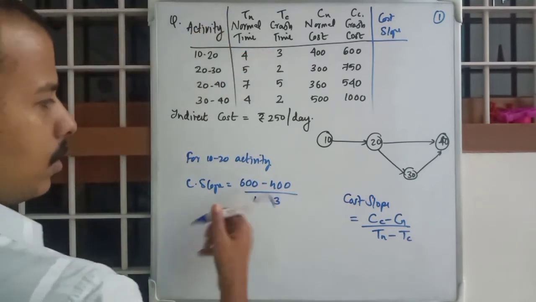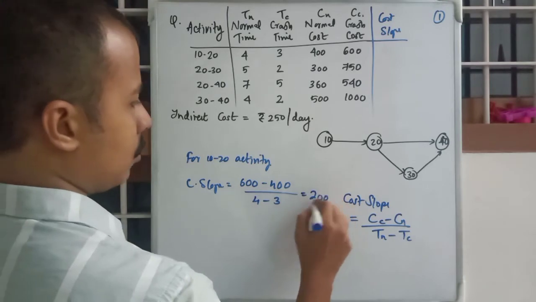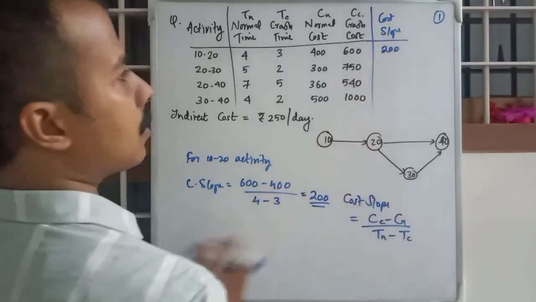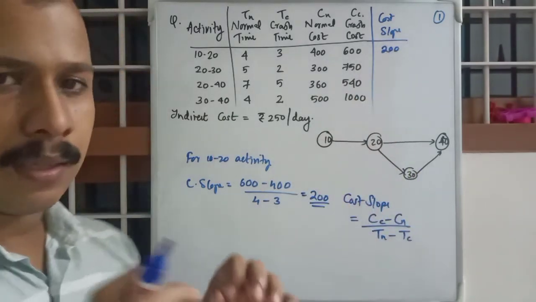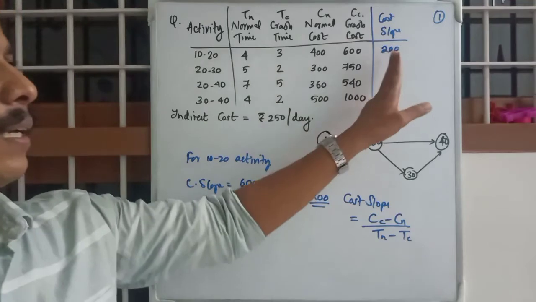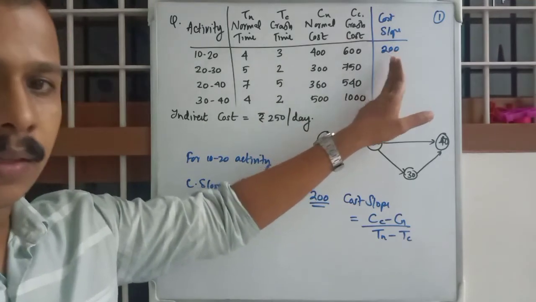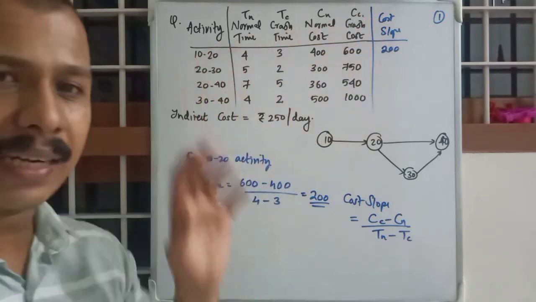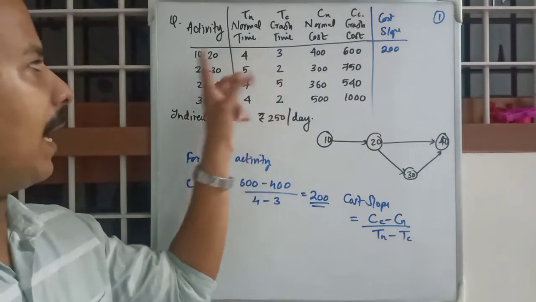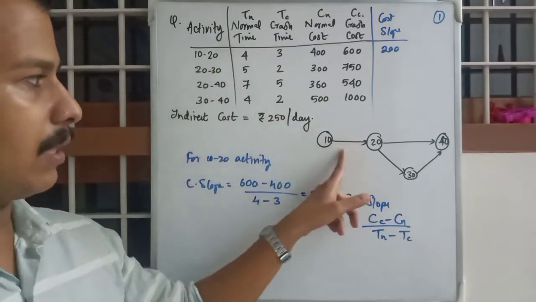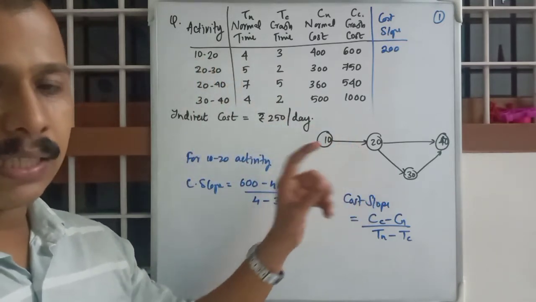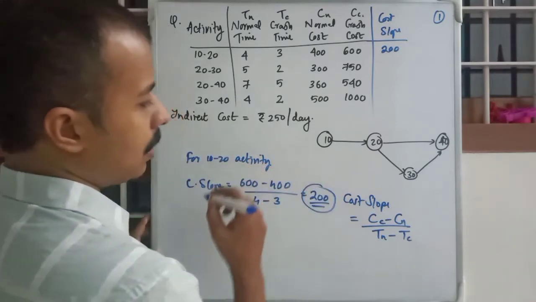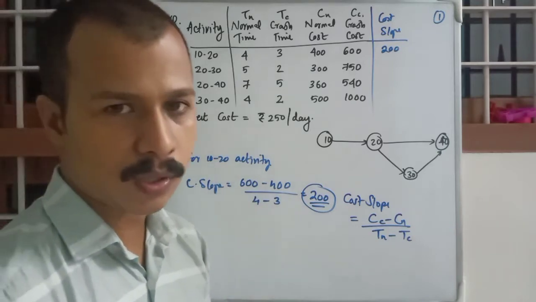So that is 200, so 200 is the cost slope. And let me help you understand the concept of this cost slope. Cost slope means that for every day we reduce this activity 10-20, you will be adding 200 rupees to the cost.